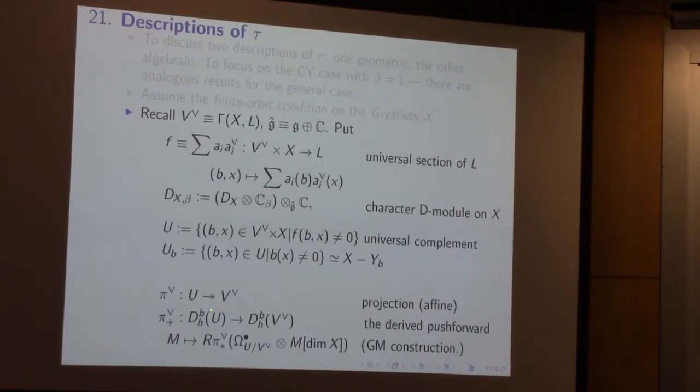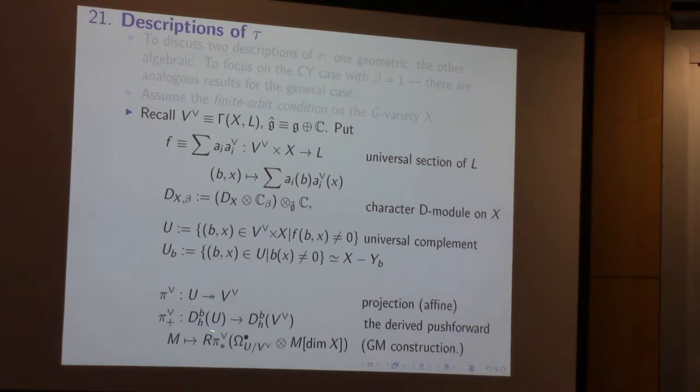Okay. Now I want to introduce a couple of maps. The first is the projection map from this universal complement to the parameter space V check. I call this map pi check. This is an affine morphism between two spaces, and so it induces a functor from the bounded derived category of polynomial D modules on U to the one on V check.